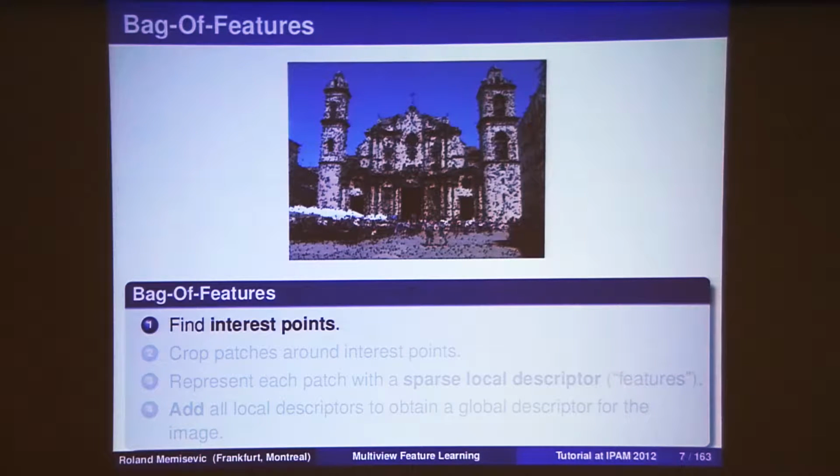The two complementary main approaches, as you all know very well, and have seen lots and lots of times in the talks in the summer school, one of them is bag of features ideas, right? So you find interesting points in the image using something like SIFT key points, Harris corners, something like that.